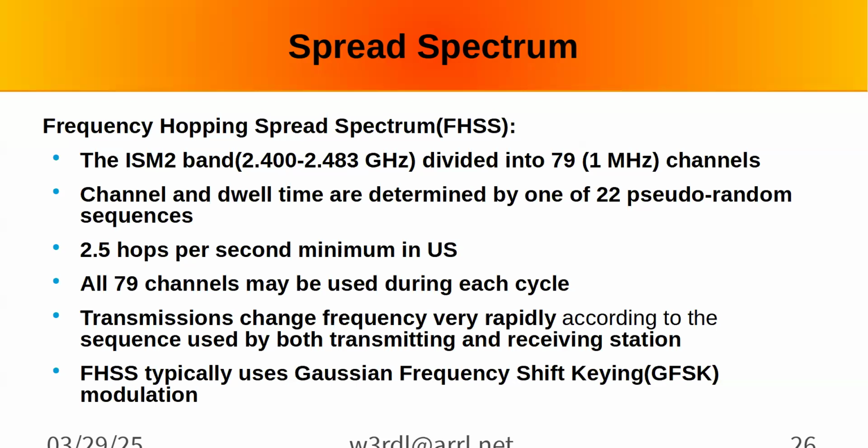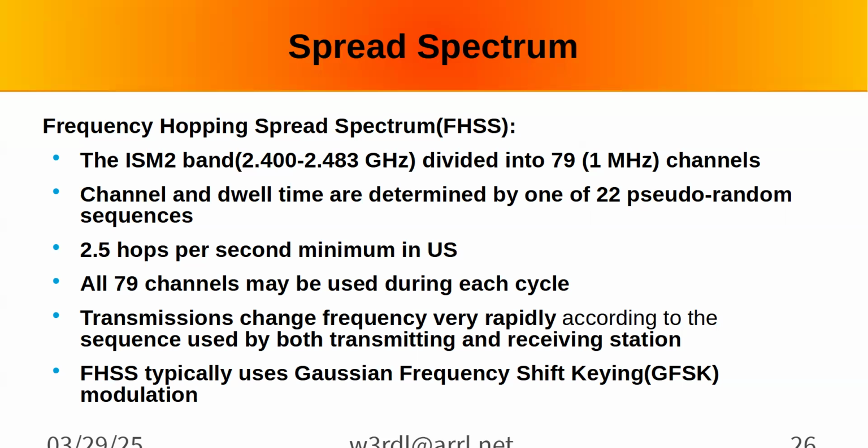They're set up so that they have to use all of the 79 channels per cycle. So that's why it's kind of spread spectrum, because you're going to cover that entire 2.4 to 2.483 in that one cycle.